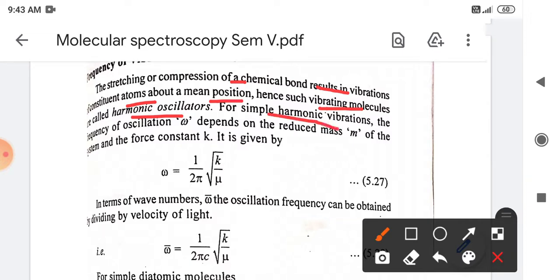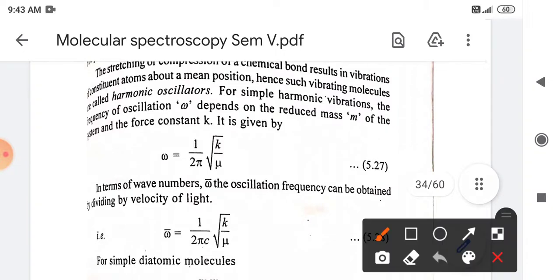For simple harmonic vibrations, the frequency of oscillation omega depends upon the reduced mass mu of the system and the force constant k, where k is the force constant and mu is the reduced mass.